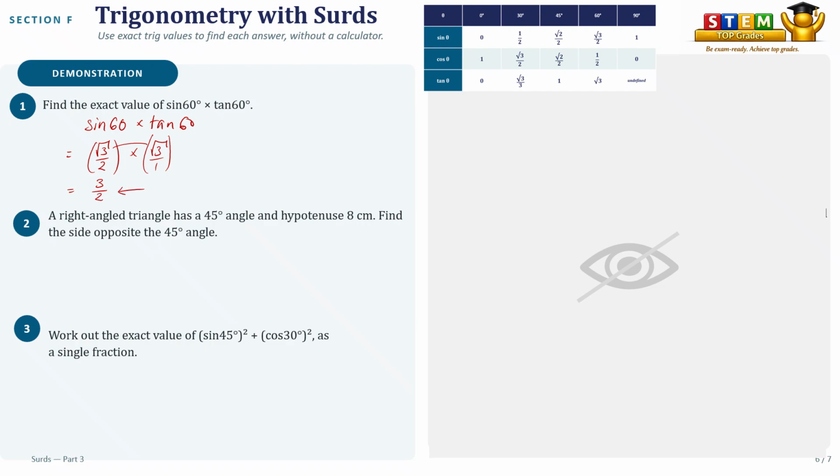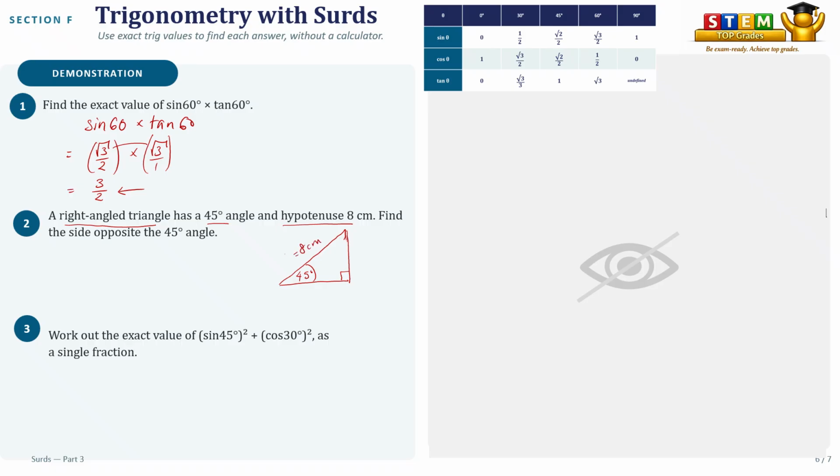Now the second one, we're talking about a right angle triangle that has an angle of 45 degrees. So it is a special angle, and it has got a hypotenuse of 8 centimeters. So let's draw a right angle triangle in order to help us visualize what the shape is like. It's a right angle triangle with a 45-degree angle over here, and the hypotenuse is 8 centimeters long.